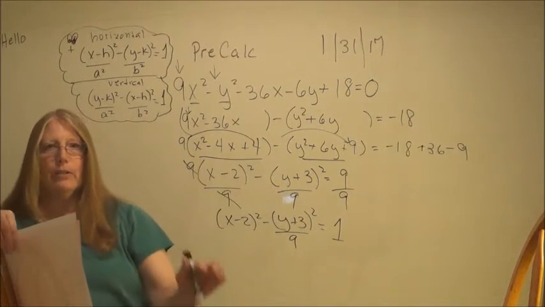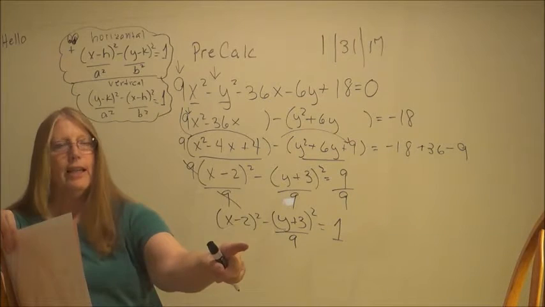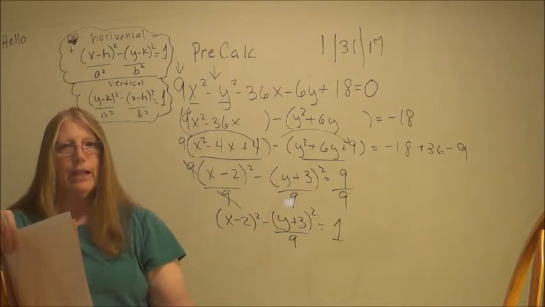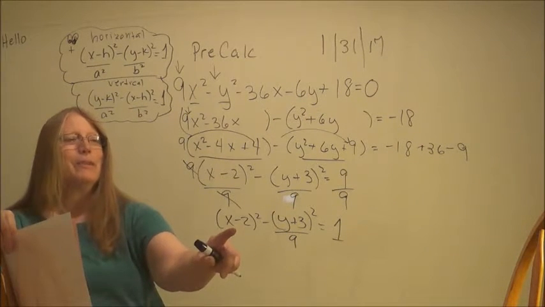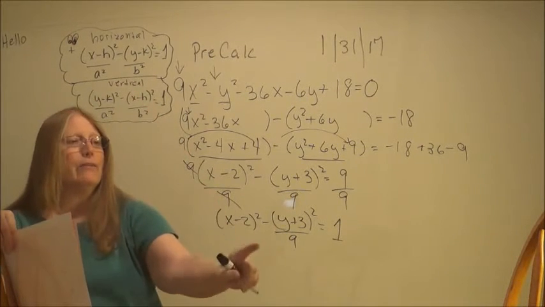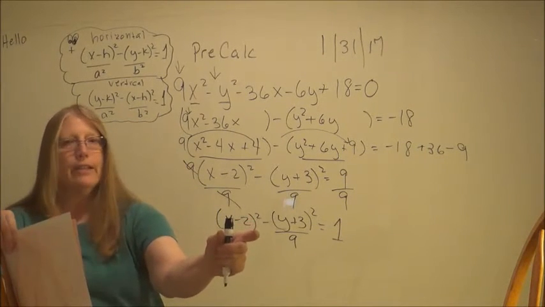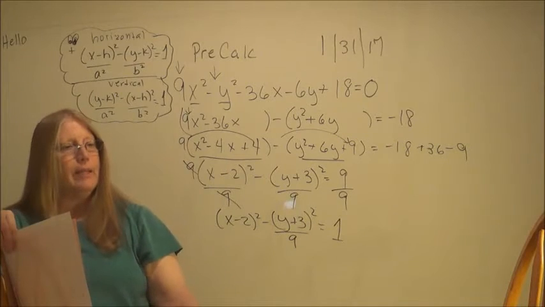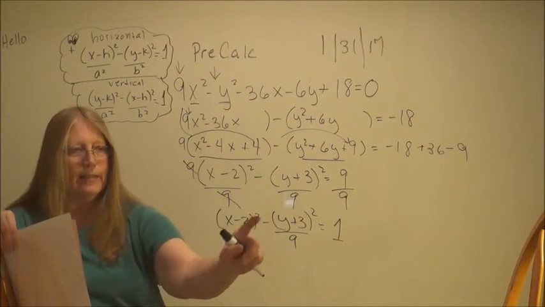So, according to our thought clouds earlier, is this a horizontal hyperbola or a vertical hyperbola? Well, I said if the x term is positive, it's horizontal. If the y term is positive, it's vertical. You can see that it's the x term that is positive, meaning that the x term would not be behind this negative sign.